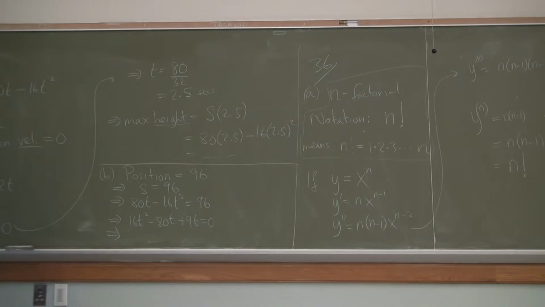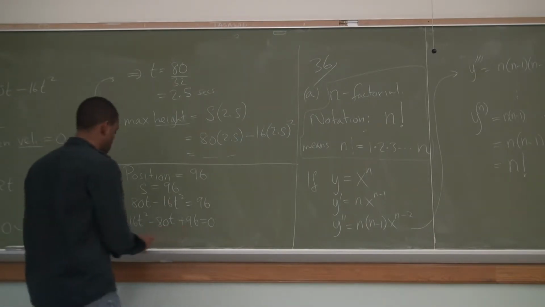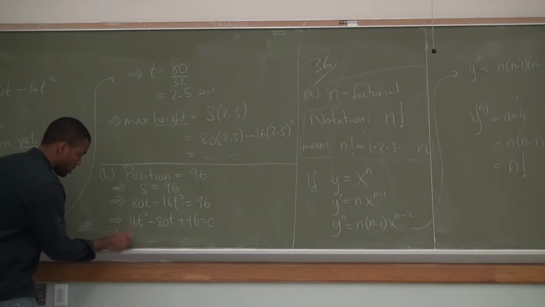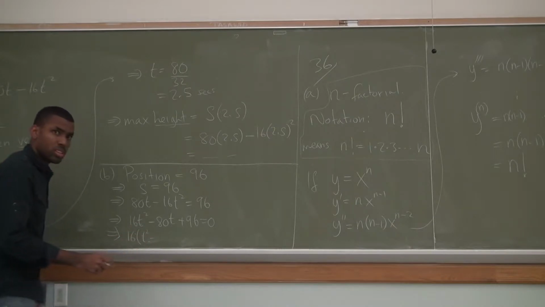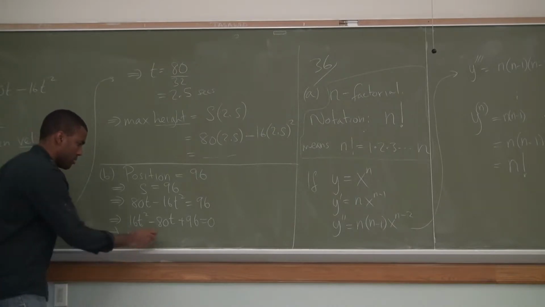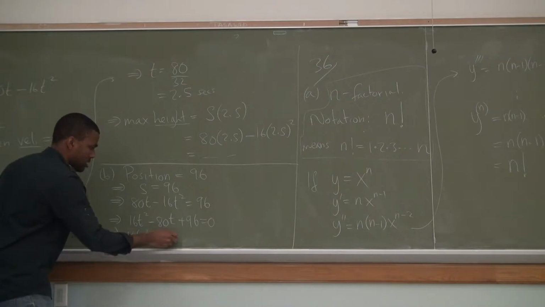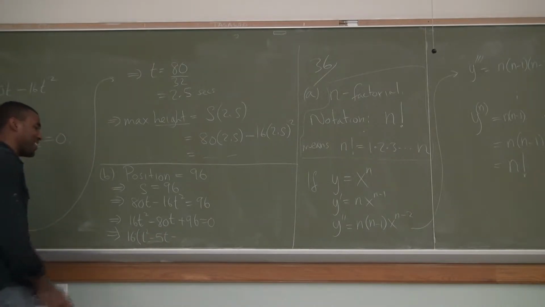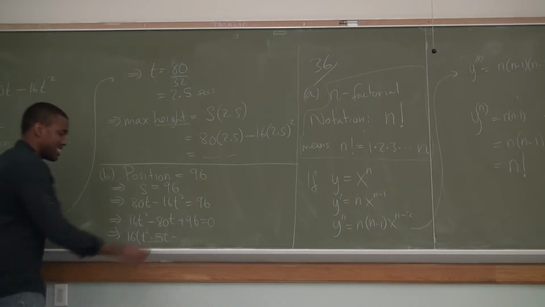What's the common factor here? 16 goes into 80 how many times? 5. How many times does it go into 96? 6 times.